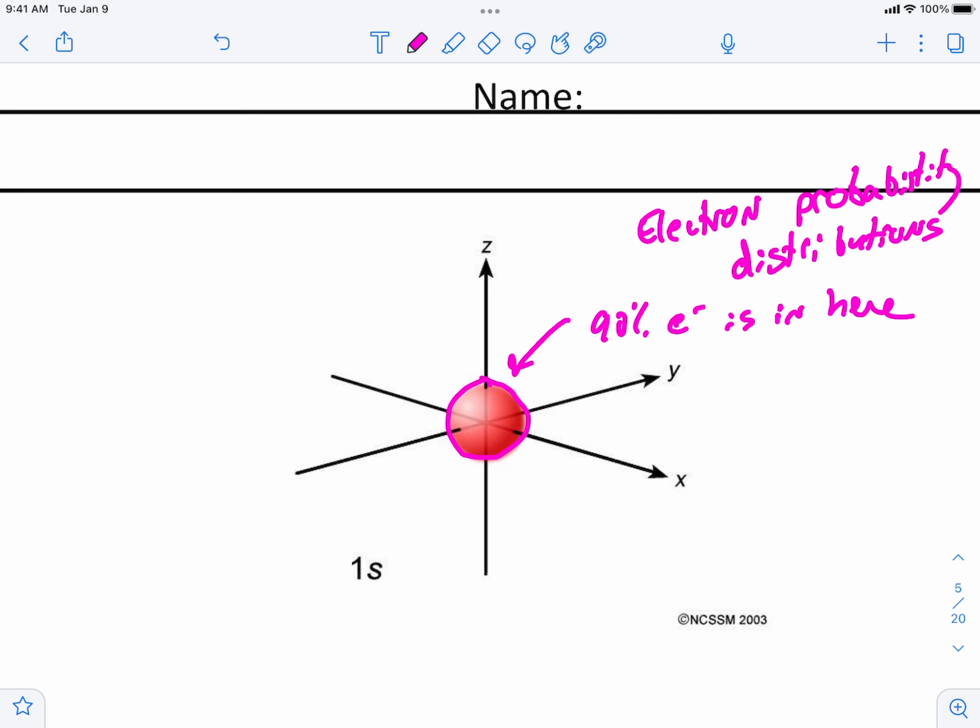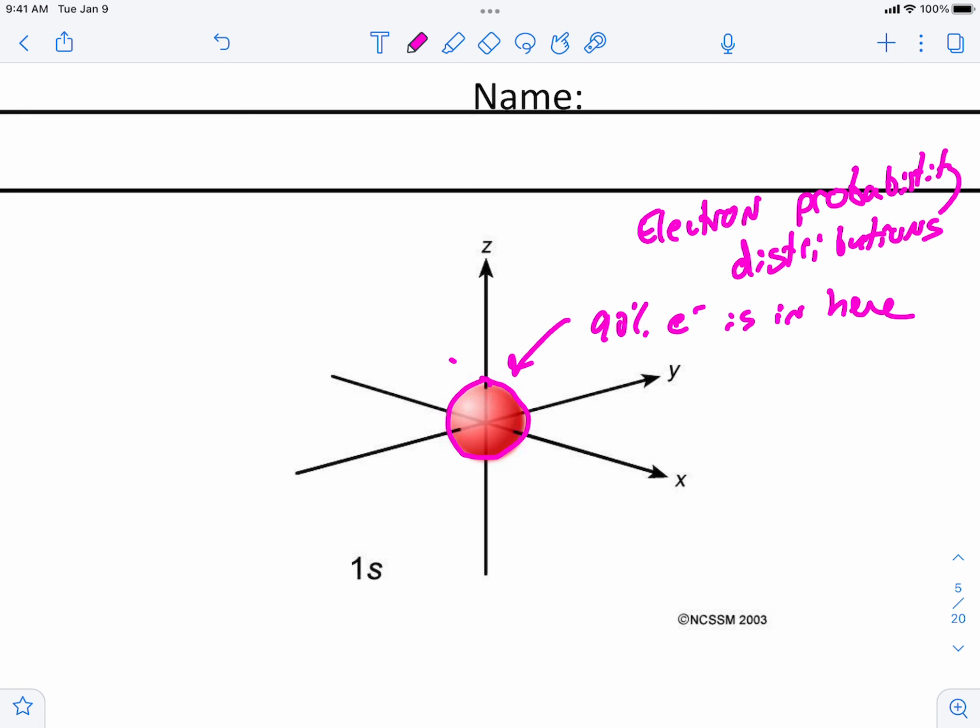The other 10% is the electron might be venturing a little bit outside the boundary, but it'll come back. They're constantly moving. So there's a 90% chance that they're in that area that we call the 1S subshell.